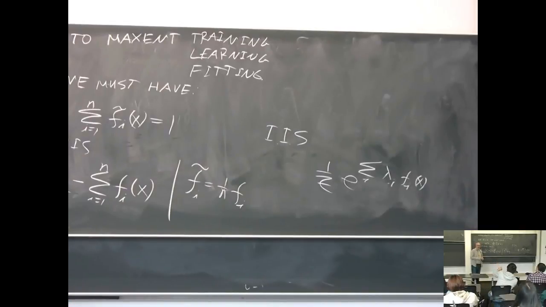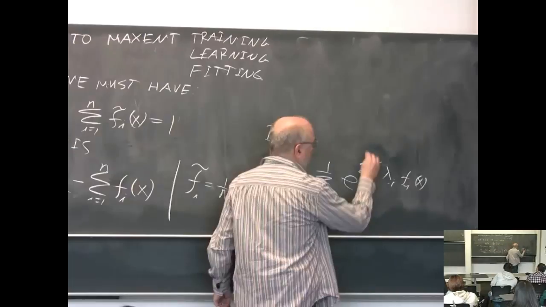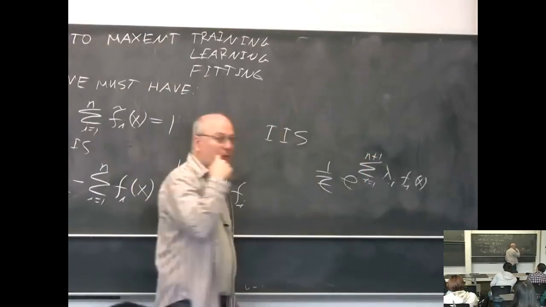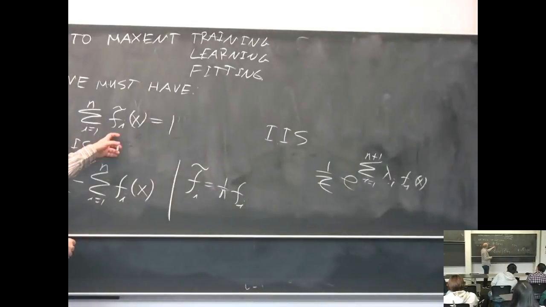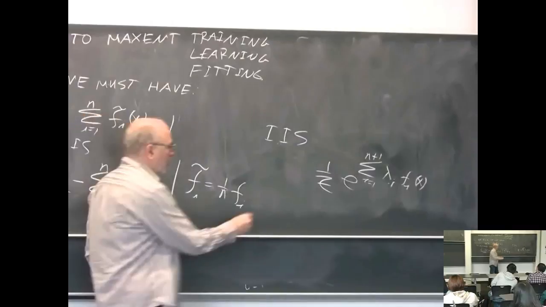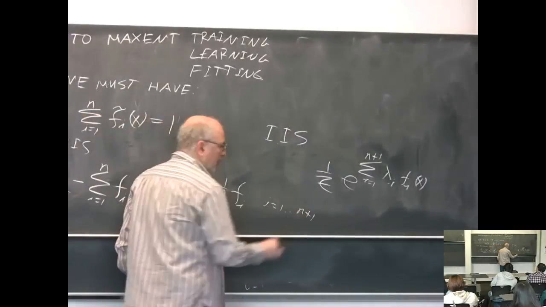Yes? How is this filler used in that function? Yeah, so then it becomes i goes from 1 to n plus 1. That applies also to the filler. Goes from 1 to n plus 1.